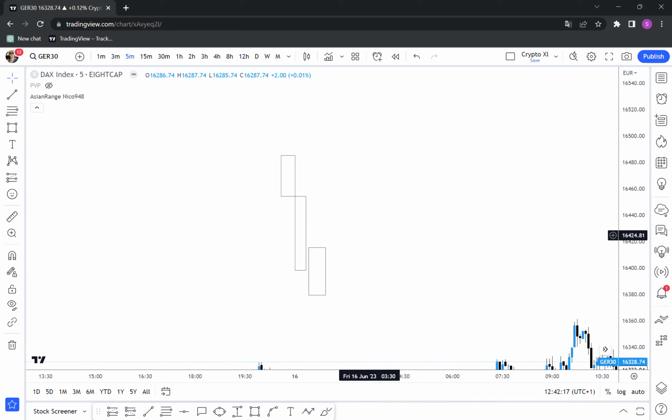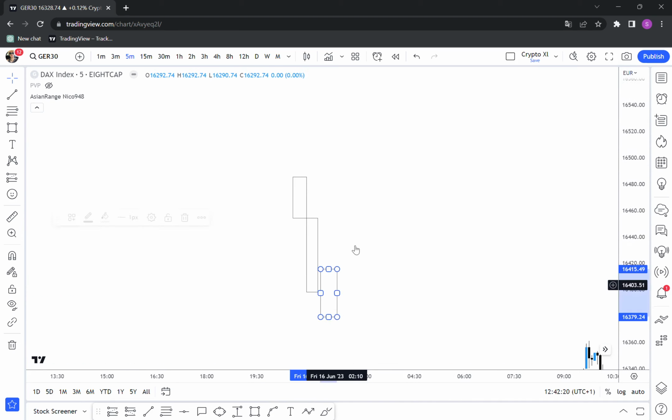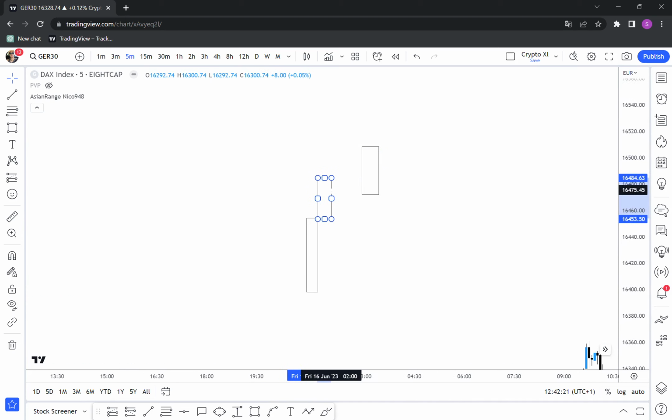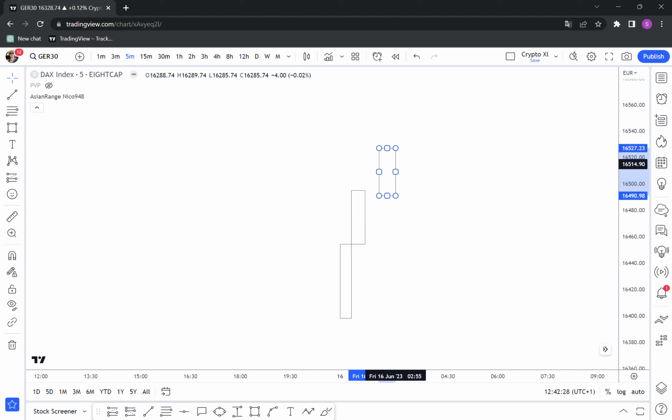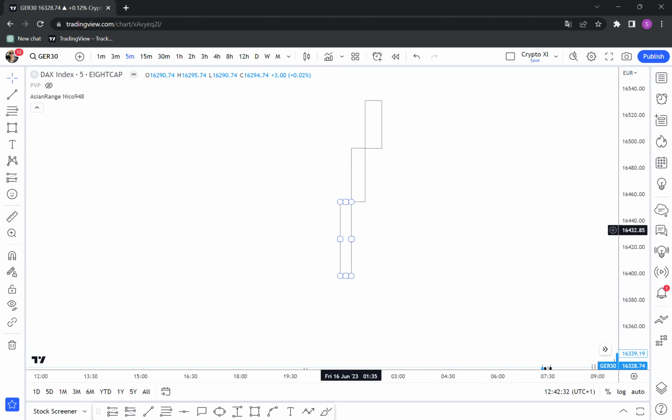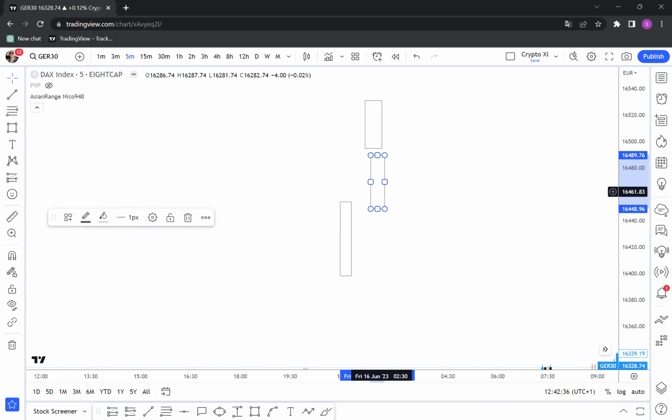Let's draw a little bullish trend. Those are bullish candles. And you could find that the price here didn't retrace. Maybe you could have a single huge candle in this way.